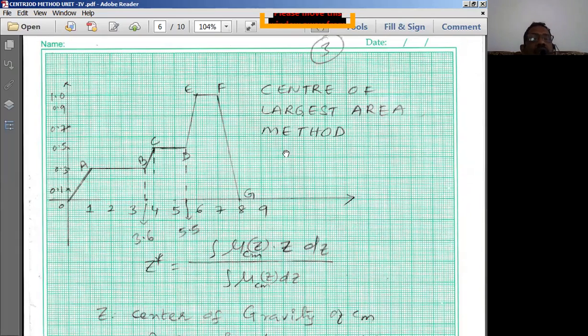Now, why did I use this graph paper? I used this graph paper because we should get the appropriate values at the intersection of one fuzzy set with another fuzzy set, because these values we have to use in order to calculate the overall crisp data. That is why I have used the graph paper. So in the exam also, try to use the graph paper when such a problem is given to you.